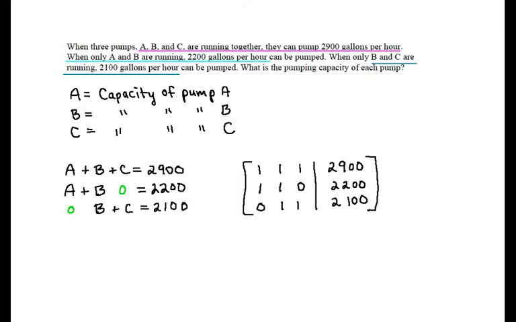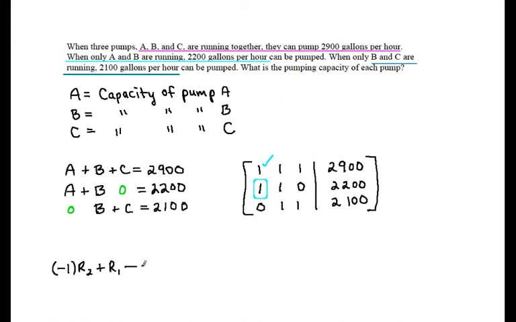Now, following that order rule, I can see that I already have a 1 in the upper left corner, and so my next step is to get zeros below it. This is the only one that isn't already 0 below it, so this is the one I'm going to target first. I can make that equal 0 just by doing the transformation -1 times row 2 plus row 1.